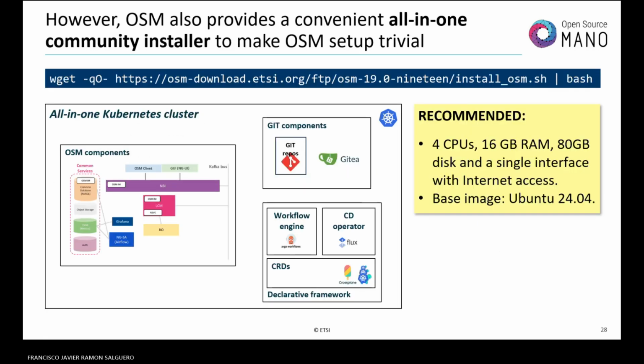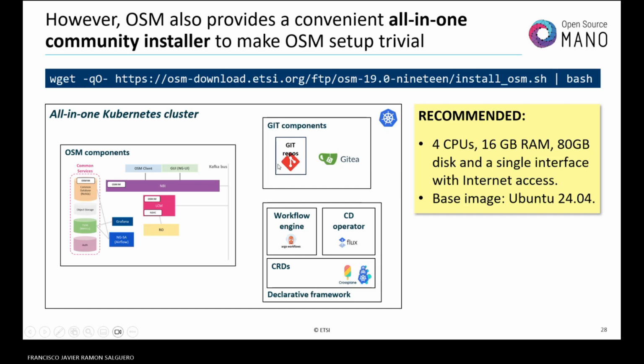However, if you just want to test OSM on your own, there is only one installer. So if you have never tried, this is my invitation on how to install it. This installer, you'll see it in a minute, will install everything in one single cluster. We'll create a cluster for you, and we'll install everything together.